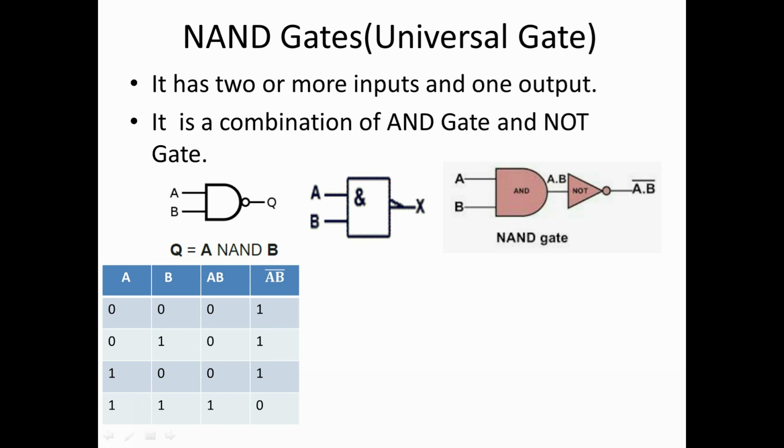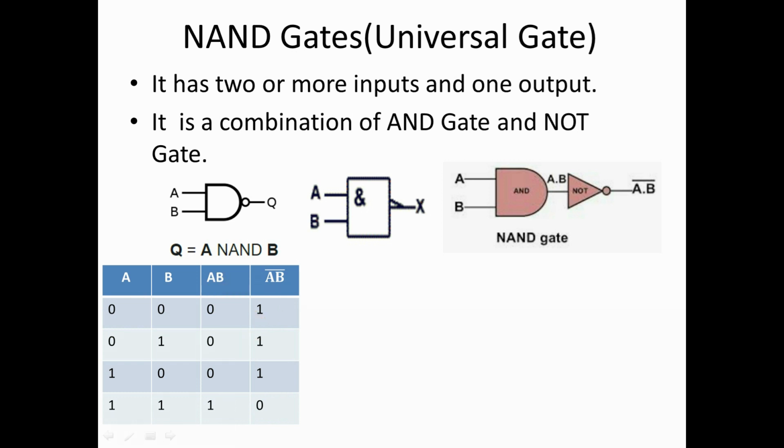For 10, 1 into 0 is 0, the output of the AND gate, and the complement of 0 equals 1, the output of the NAND gate. For 11, the output of the AND gate is 1 and the output of the NAND gate is 0, the complement of 1. Here for the NAND gate, if any one of the inputs is 0, the output is 1.